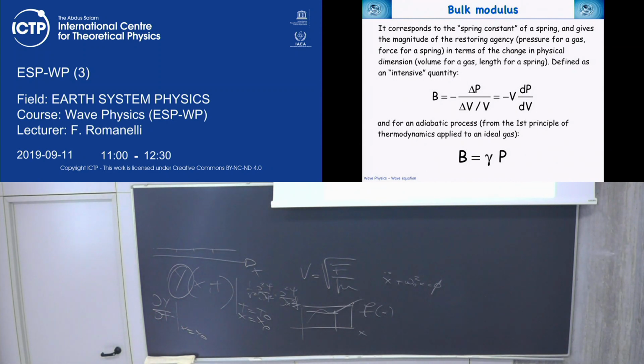Because this definition will be very important for solids, but also for liquids. There is one elastic parameter that can be called bulk modulus. Now it's quite simple. Let's imagine to take a sample of something, could be gas, could be water, could be stable here, and you apply a pressure to all the sides.